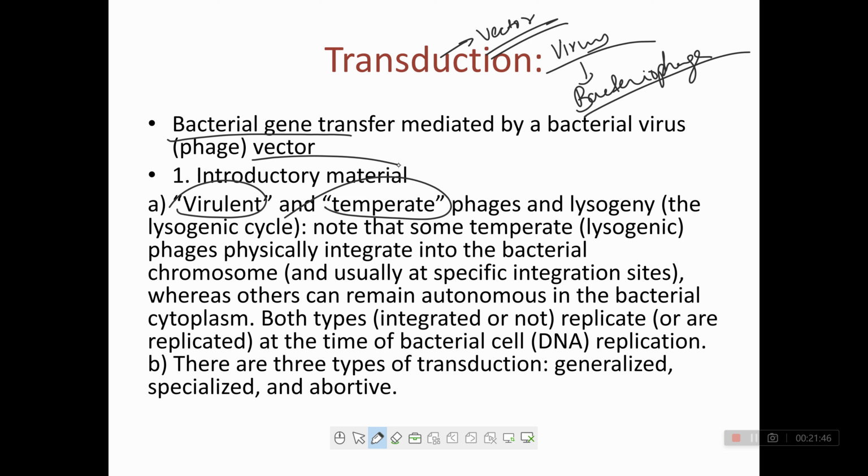Some temperate or lysogenic phage physically integrate into the bacterial chromosome, whereas others can remain autonomous in the bacterial cytoplasm. Both types replicate at the time of bacterial cell replication.